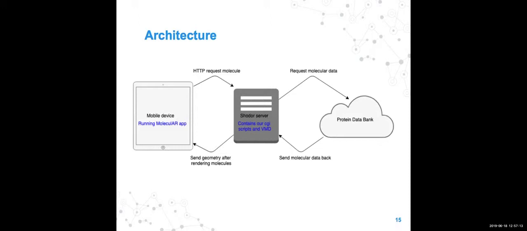And VMD generates then the geometry and the materials for what's going to be displayed on the mobile device. So it creates a mesh and it creates the materials, and specifically it makes a .obj file and a .mtl file that then comes back to our mobile device.